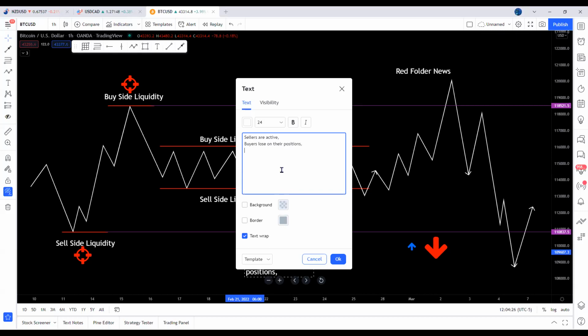And James, can we expect this seek and destroy every time when we are expecting some big news to happen? The majority of the time, yeah.